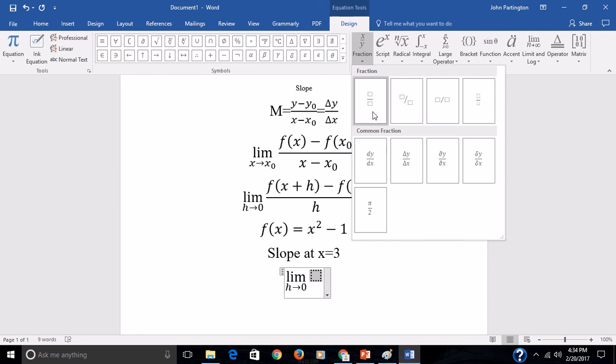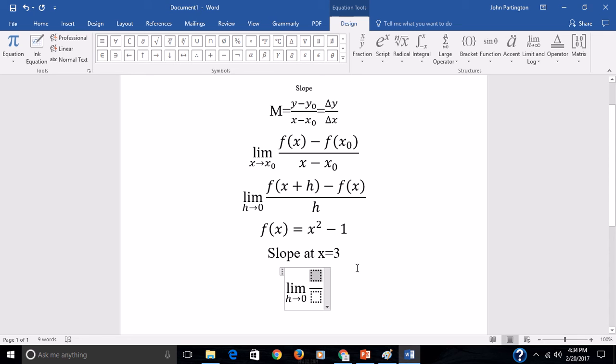Now, we have x squared minus 1. So f of x plus h is going to be x plus h squared minus 1.